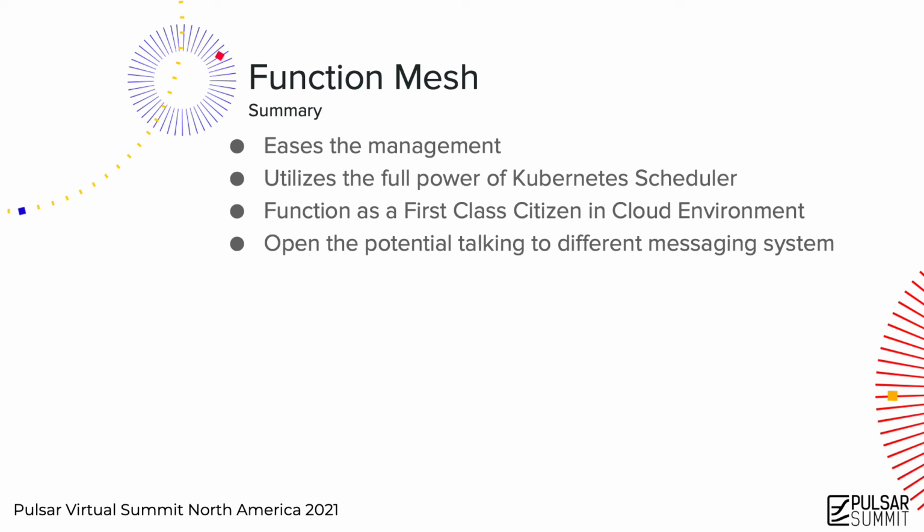It also makes Pulsar functions run natively in the cloud environment, which leads to great possibilities when more resources become available in the cloud. And lastly, Function Mesh enables Pulsar functions to work with different messaging systems and to integrate with existing tools in the cloud environment. This is because Function Mesh runs Pulsar functions independently from the Pulsar cluster.